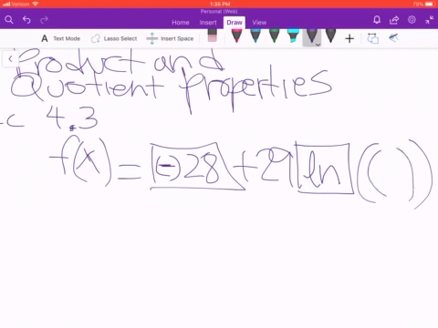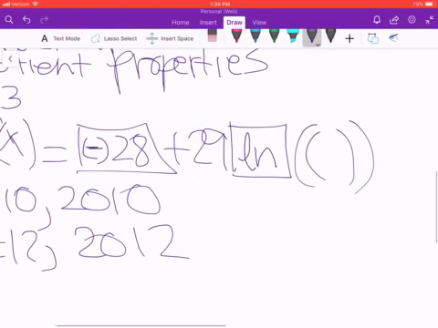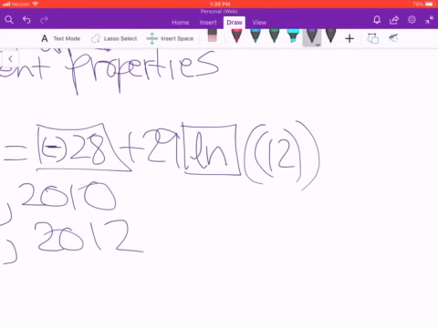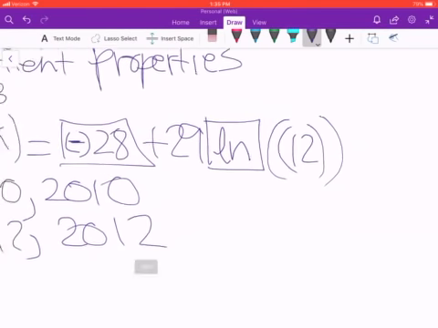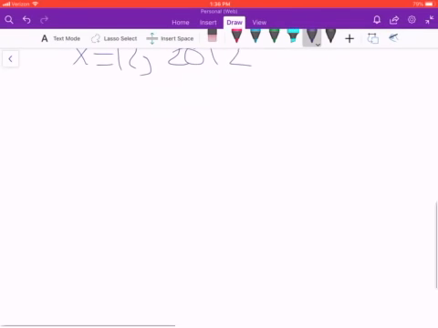For example, if x equals 10 corresponds to the year 2010, and I ask what the output will be if the year was 2012, make sure you know how to go from there to the x value. That is pretty simple as long as you have your calculator. In this case, I will enter the number 12 and you will get the output. This is from section 4.3, so you can look at the examples that we did there.